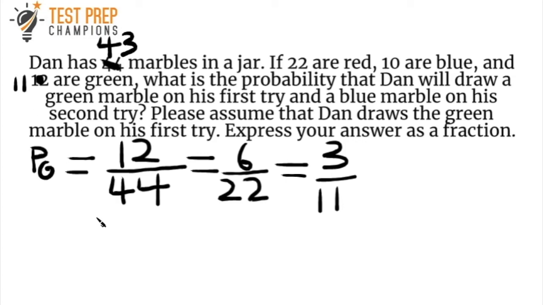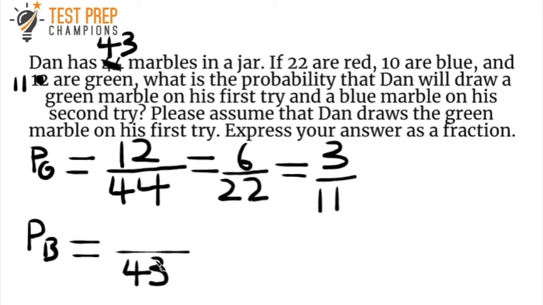So now we want to know what's the probability that he draws a blue marble on a second try. So the probability of him drawing a blue marble is going to be equal to the total number of favorable outcomes divided by the total number of possible outcomes. So the possible outcomes this time is going to only be 43 because, again, there were 44 marbles initially, but he pulled one out, so there's only 43 left.